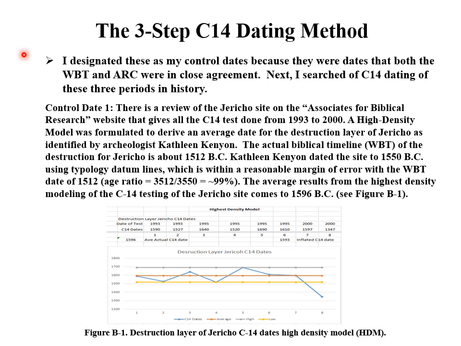Next, I searched for carbon-14 dating of these 3 periods in history. Okay, so now we're going to carbon-14 dating. We have the Wallen biblical timeline, archaeology matching correctly. Now we're going to see the difference in carbon-14 datings of those 3 points. Control date 1. There is a review of the Jericho site in the Associates of Biblical Research website that gives all of the C14 tests done from 1993 to 2000.